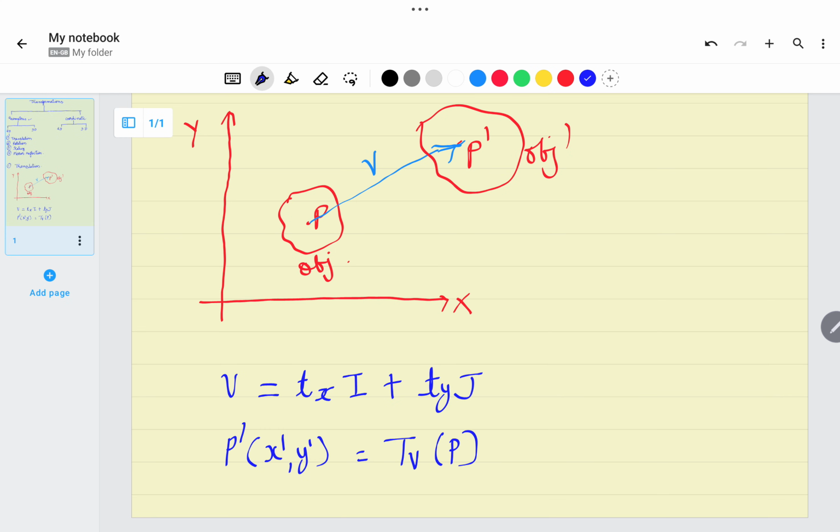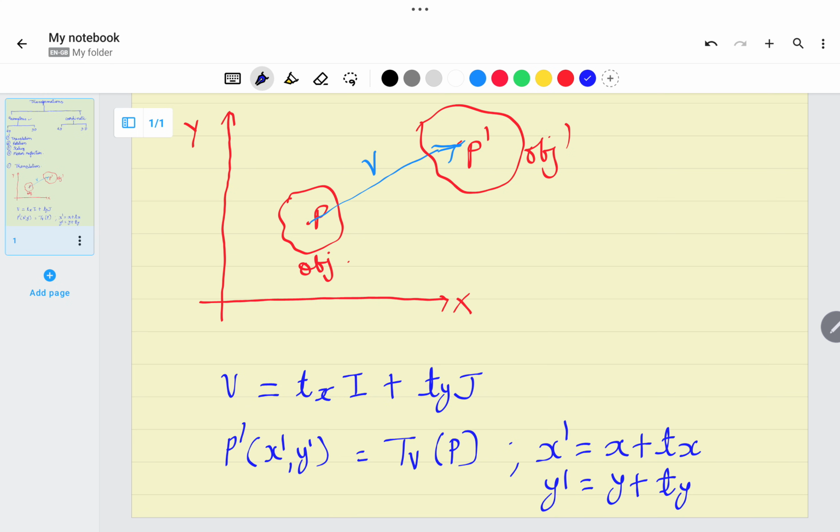In this case, x dash is x plus tx and y dash is y plus ty. We will solve some numericals later, and this will be more clear there. We are simply migrating all the points of the object to a new location along vector v.